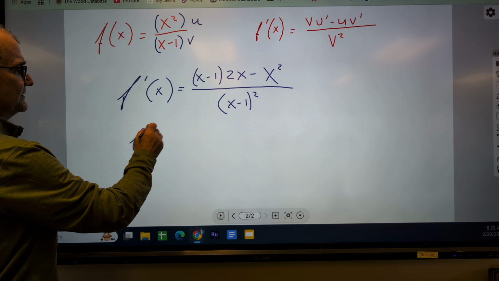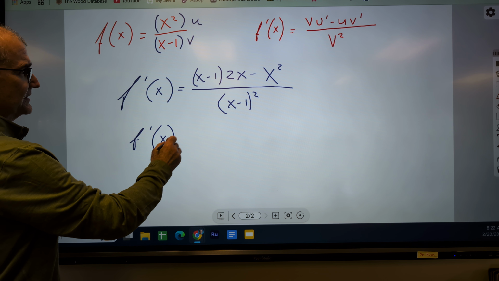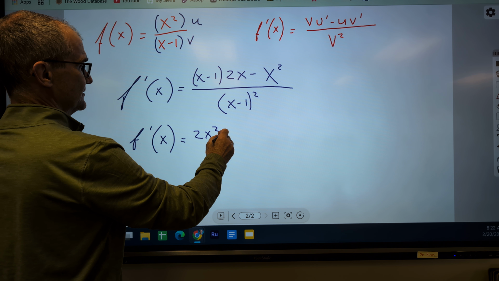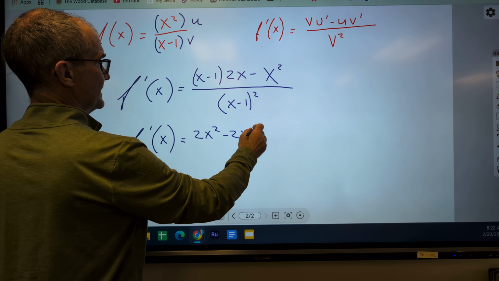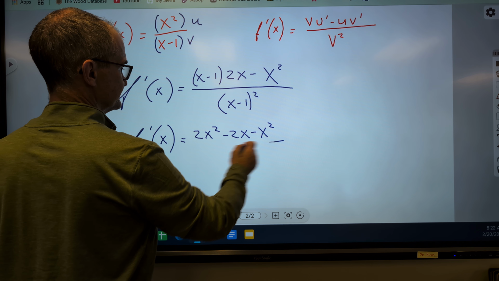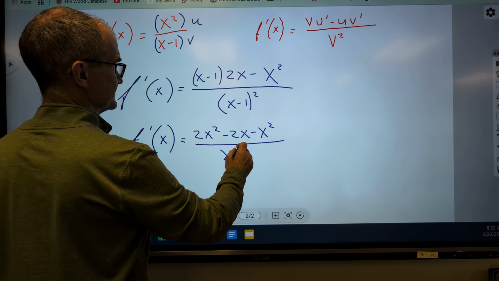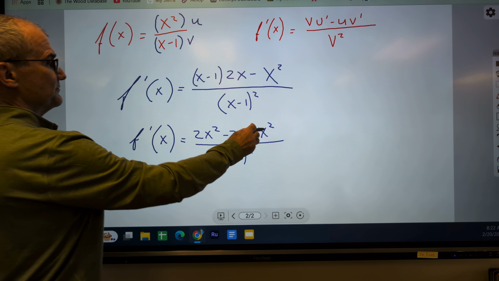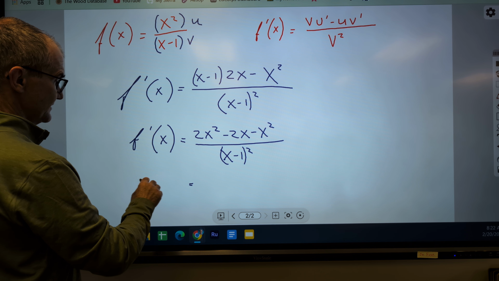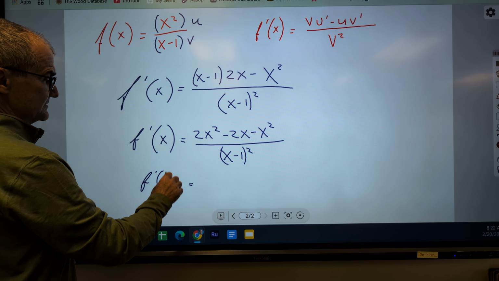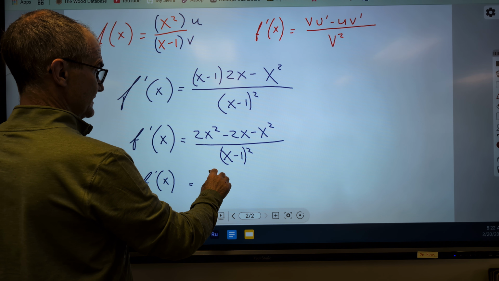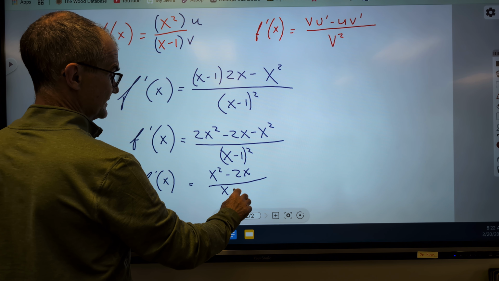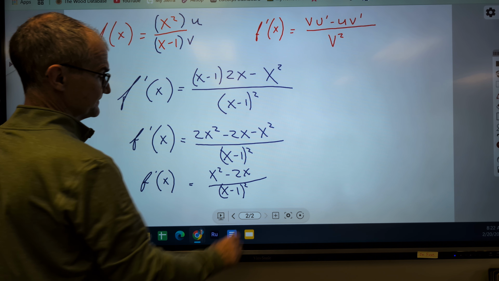So the derivative of this function is equal to 2x times x, 2x squared, minus 2x minus x squared, all over (x minus 1) quantity squared, 2x squared minus 1x squared. So my derivative is, combining similar terms, x squared minus 2x over (x minus 1) quantity squared.